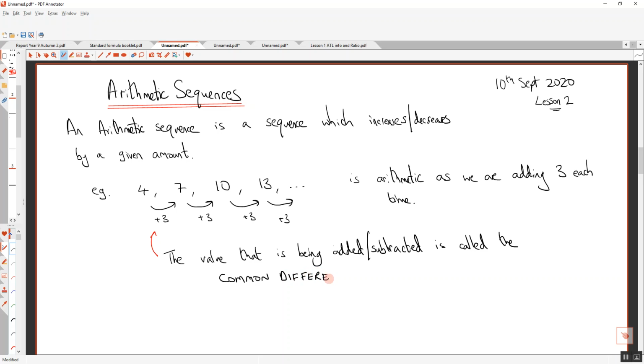Did you use that word last year? Common difference? I don't recall. That's okay. Denoted by the letter D.